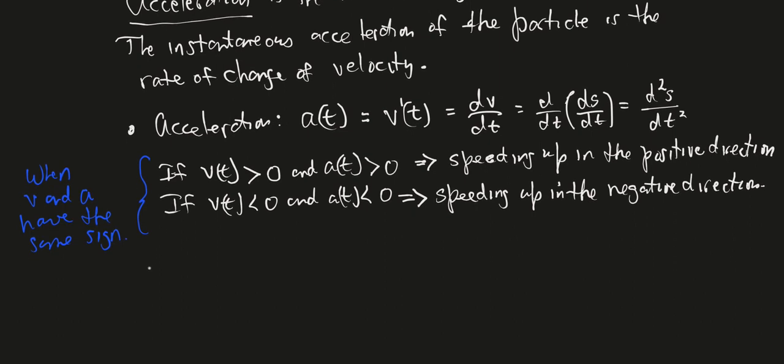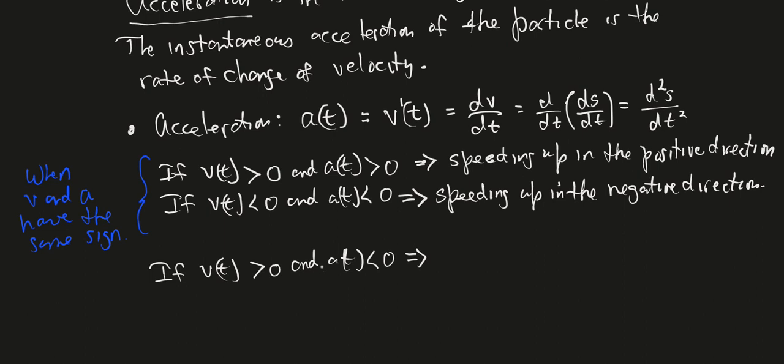So if v of t is positive and a of t is negative, then the object is still traveling in the positive direction, but velocity is now decreasing because your acceleration is negative. So that's when you're still going forward, but you're slowing down.